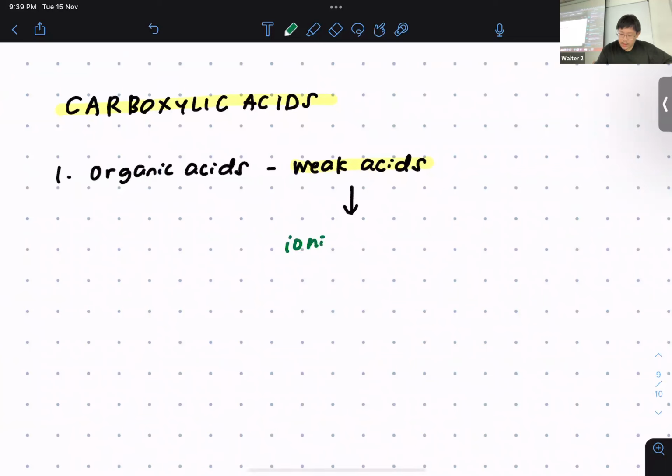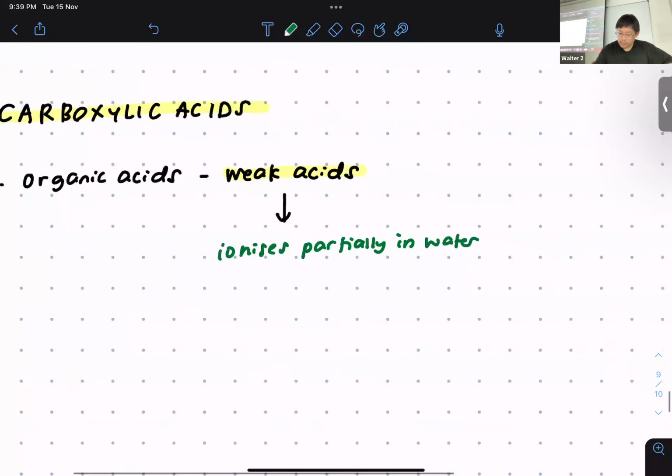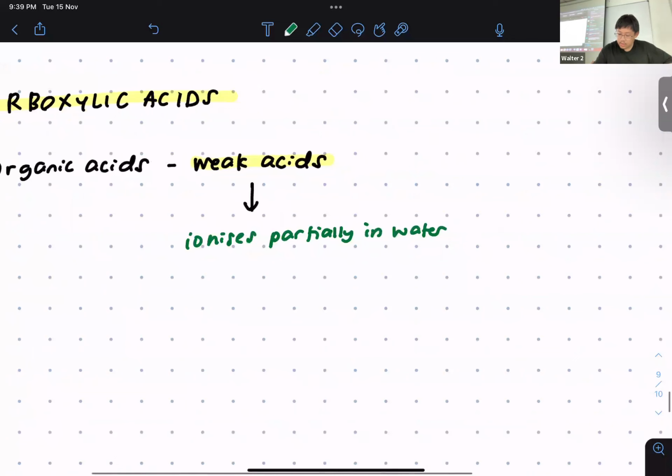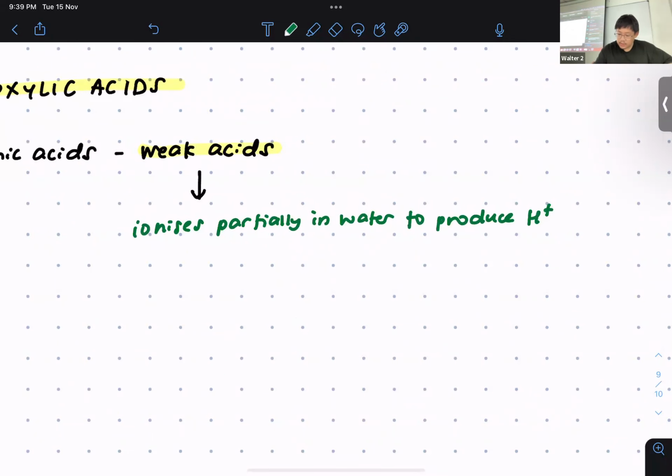So this will be ionizes partially in water to produce H+ of lower concentration.